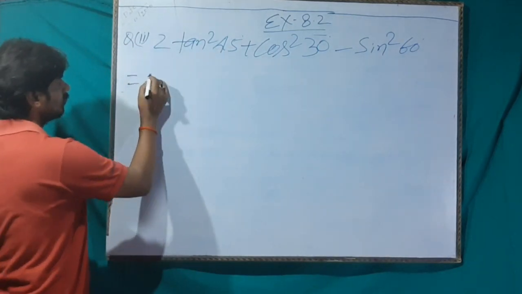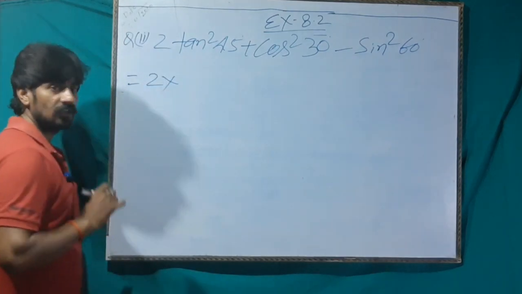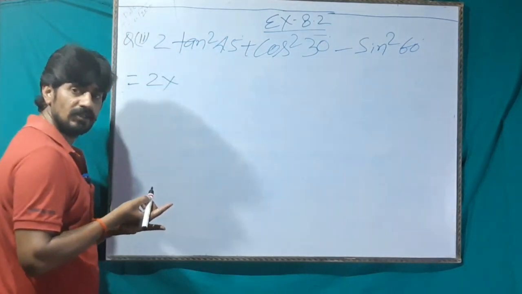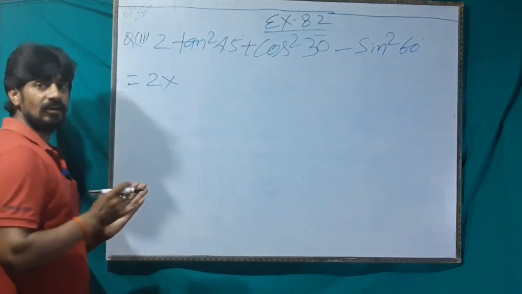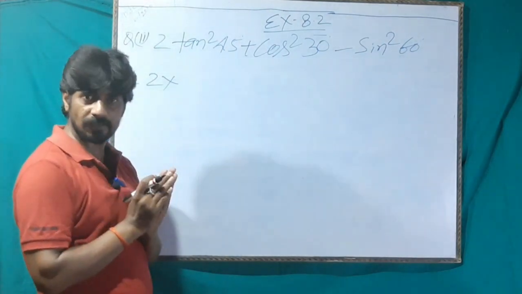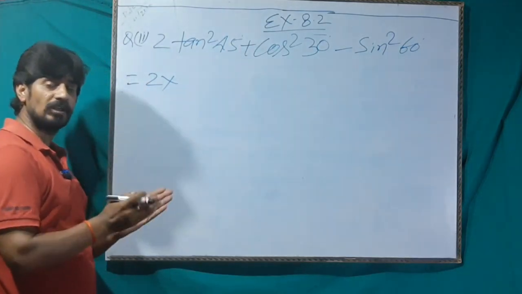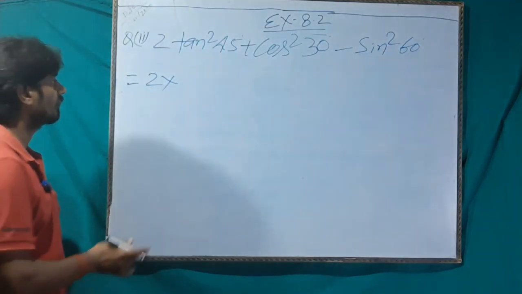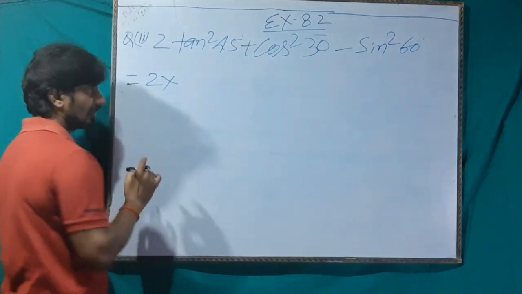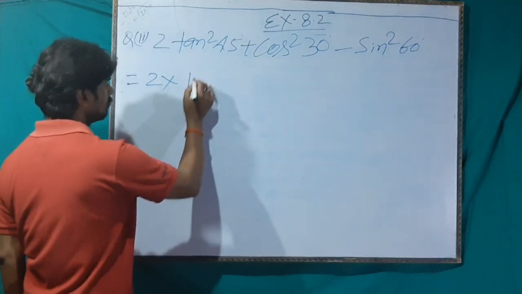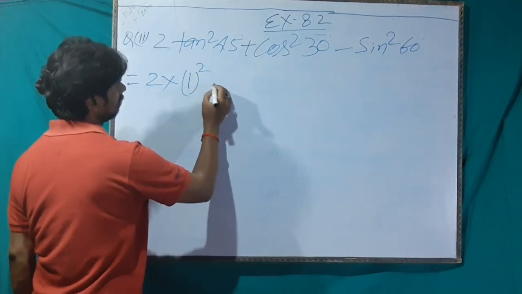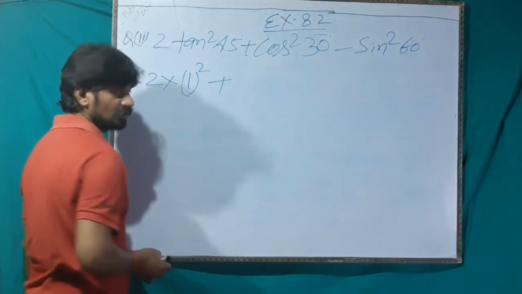It is equal to 2 into tan square 45 degree. That means firstly we will write the value of tan 45, squared. So we will write tan 45 is equal to 1 square plus cos square 30 degree.